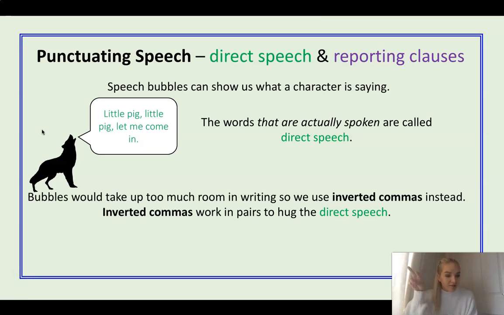So we have the first set of inverted commas and the second set. And what they do is they kind of hug the direct speech, the words that are being said in this sentence, for example. So in this sentence, the words that are being spoken are, little pig, let me come in. So those would be hugged by our inverted commas, as you can see here.